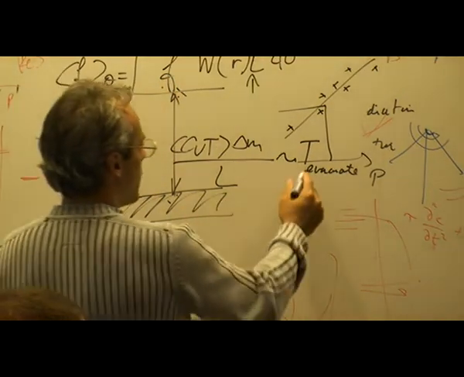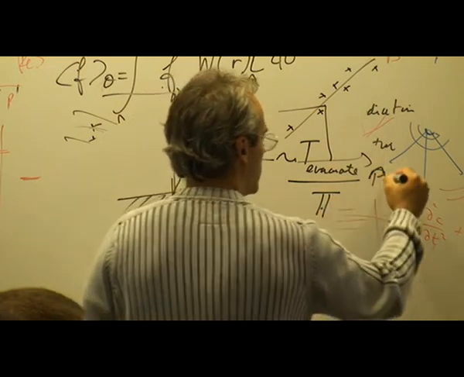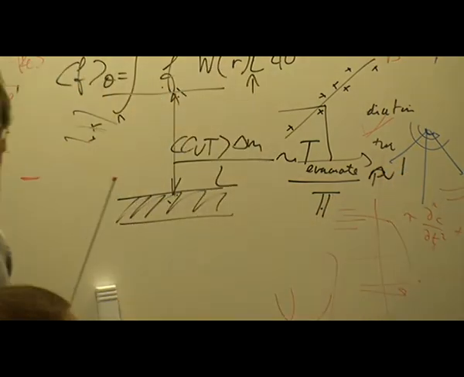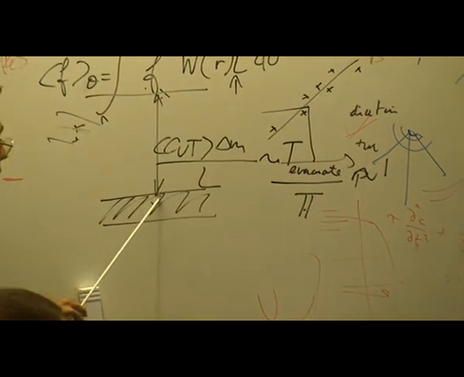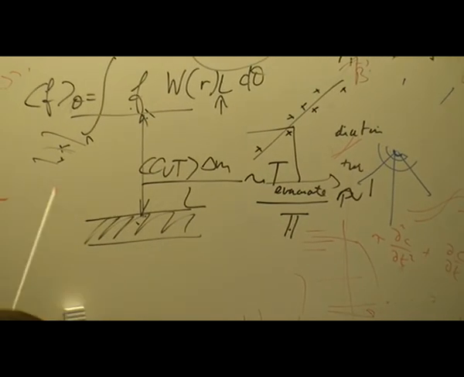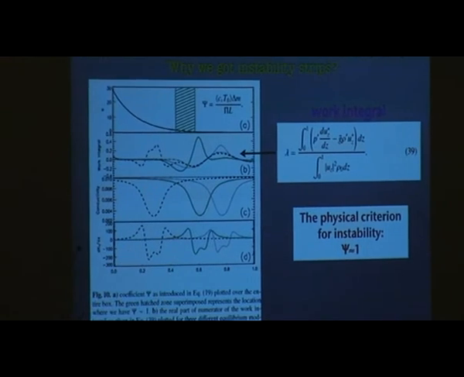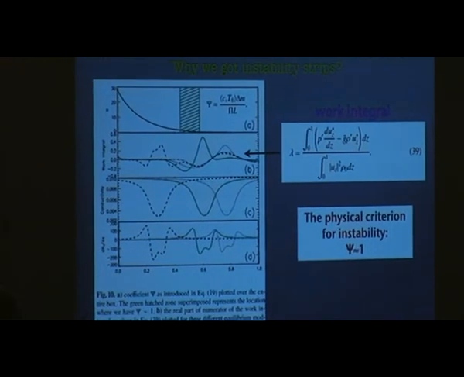And if this time scale divided by the mode period is around unity, it means that there is a coupling between the radiation and the oscillation above the layer. And when this coupling is around unity, the mode is unstable. Okay? And this region here, where this ratio is around unity, is called the transition region. Okay? So the physical criterion for the instability is psi around unity.